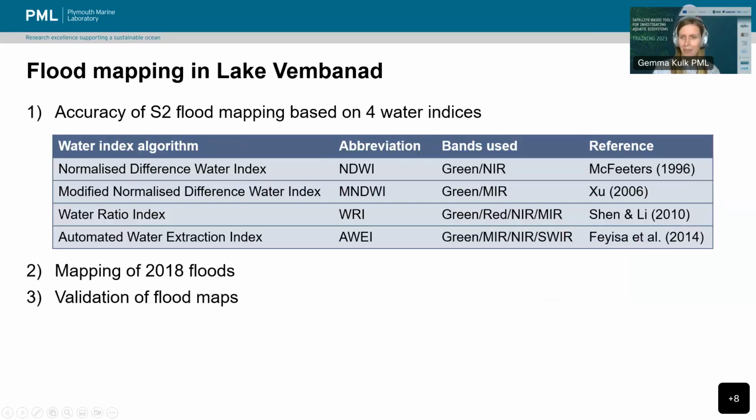So we tested the applications of these algorithms for flood mapping using multispectral remote sensing data, after which we selected the best performing algorithms to address the mapping of the once-in-a-lifetime floods in August 2018. And during flood events in 2021, we then validated the S2 flood maps in the Lake Vembanad region using information on paddy field cultivation cycles in the south of Lake Vembanad.